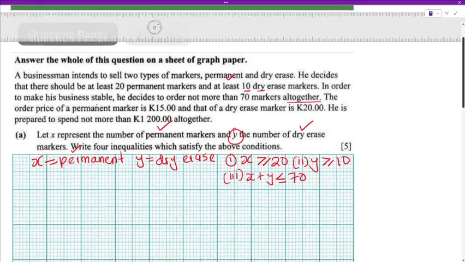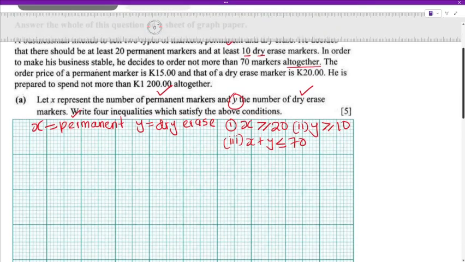Okay, we go to number 4. So number 4, this is the one that is slightly new because it involves money. Then order price for a permanent marker is equal to 15, and that of a dry erase is 20. He is prepared to spend not more than 1,200 altogether.